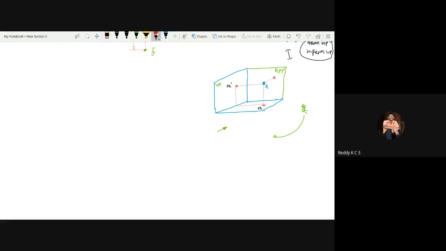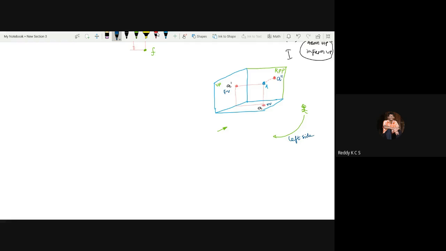I'll name it with a double dash, A double dash, because you have moved to the left side and it is projected onto the right profile plane. Here we have the front view and top view, which are obtained on the vertical plane and horizontal plane respectively.